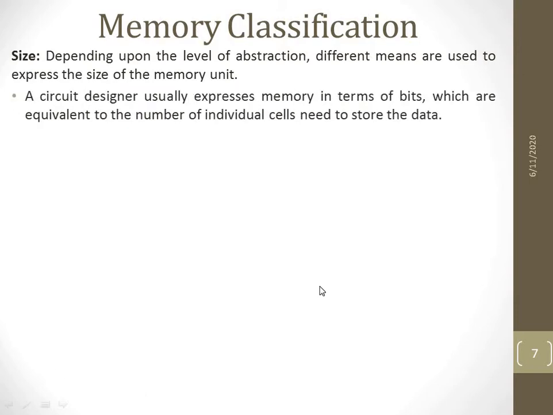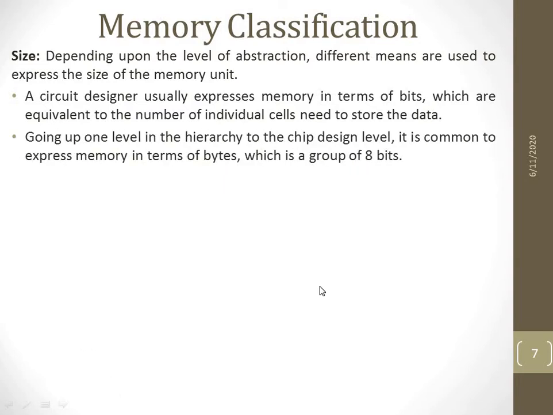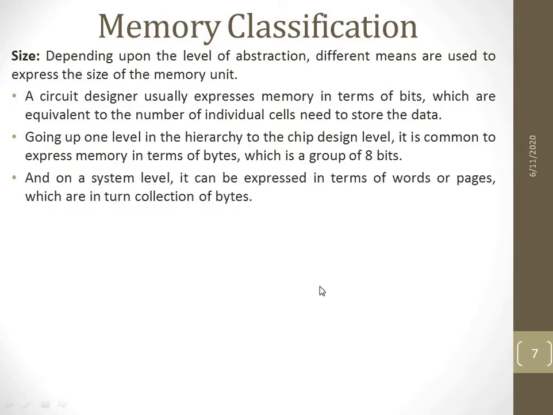A circuit designer usually expresses memory in terms of bits, which equal the number of individual cells needed to store the data. Going up one level in the hierarchy to chip level design, it is common to express memory in terms of bytes, which is a group of 8 bits. And on a system level, it can be expressed in terms of words or pages, which are in turn collections of bytes.